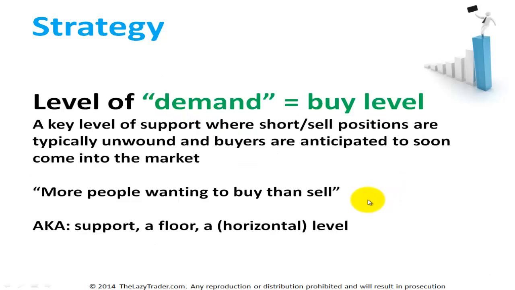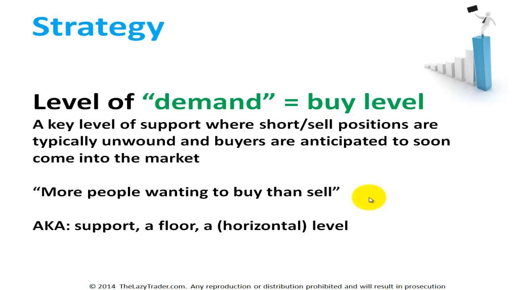And by the same token, a level of demand is a level of support, the opposite of a level of supply. A level of demand is a buy level, typically at a point where we've had people who are short into a horizontal level, looking to unwind their positions, and where we're anticipating buyers to come into the market.